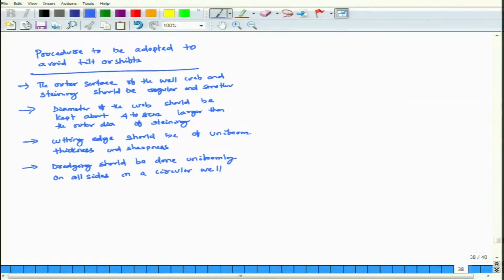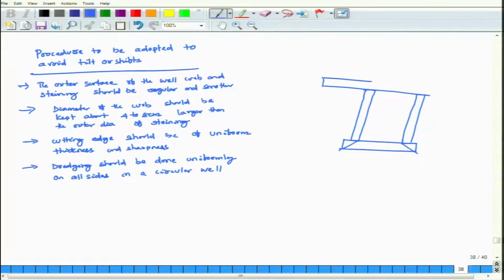Suppose there is a tilt, how do you rectify? For example, suppose this well has been tilted, then what you are supposed to do is provide an additional platform at one side where you want to adjust your tilting.